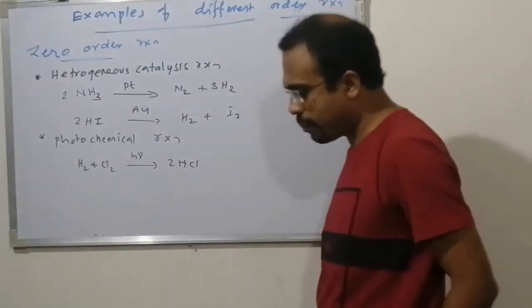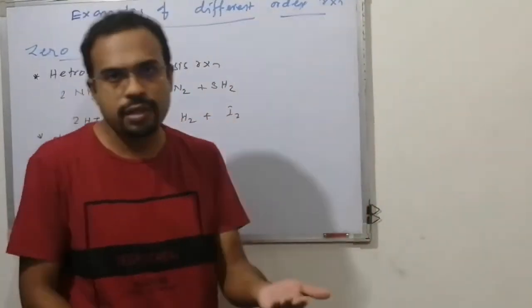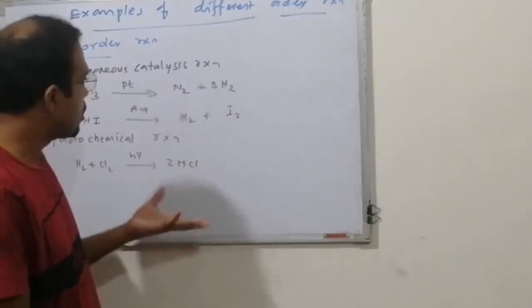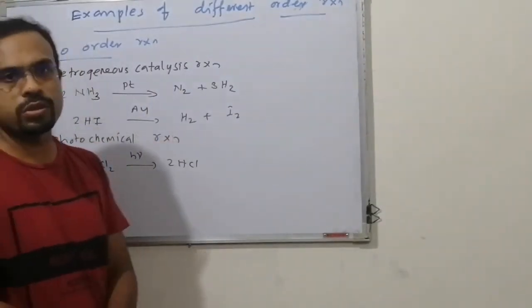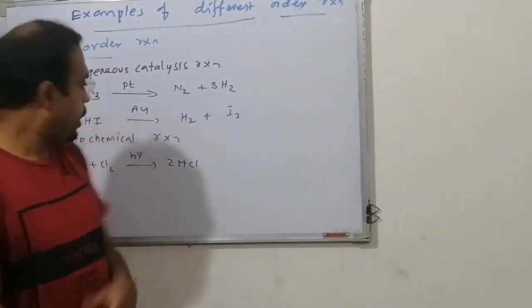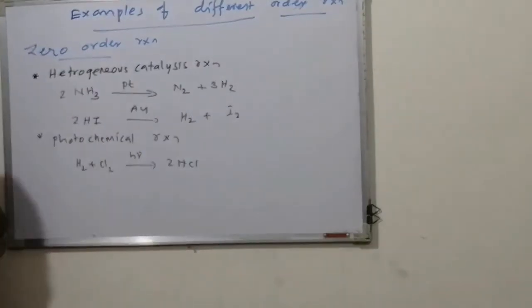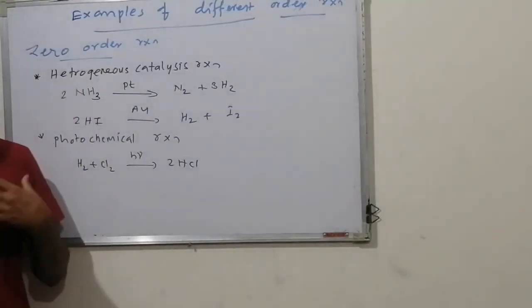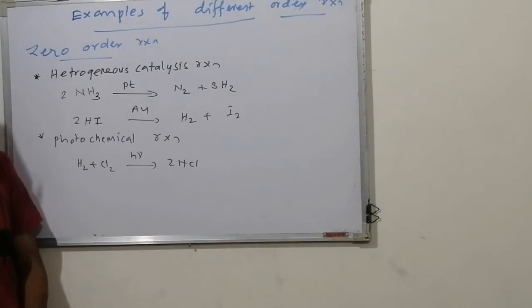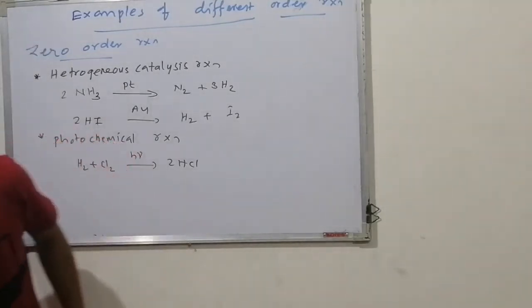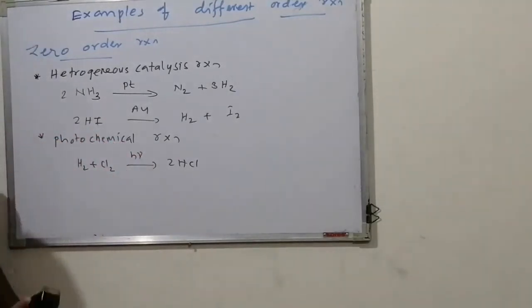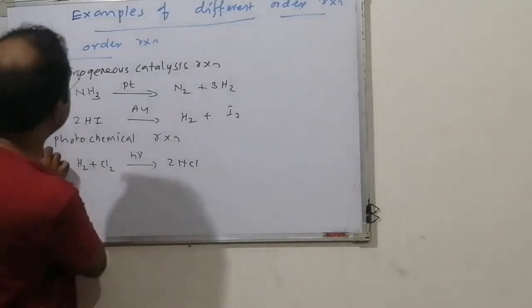I suggest some examples which have been asked in different examinations and given in different textbooks. When I say photochemical reaction and heterogeneous catalysis reaction, you never generalize that. Please be careful with that.